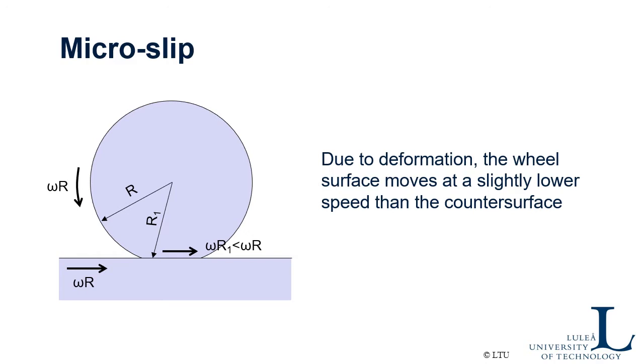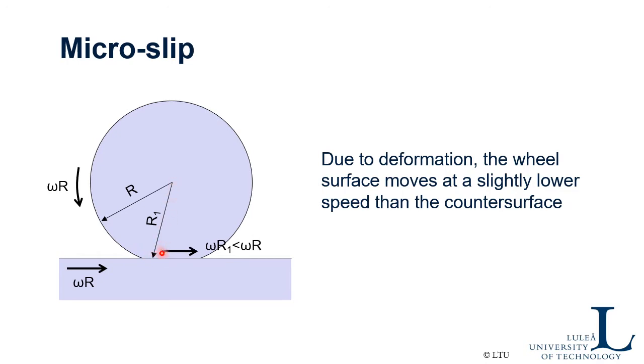Well, if we put ourselves in the following the wheel, that means that the road is moving with a speed of omega r, which is the rotation speed of the wheel, and the wheel surface is also rotating with a peripheral speed of omega r. That's the definition of rolling. But here, when the wheel surface comes into contact, the radius is suddenly becoming smaller.